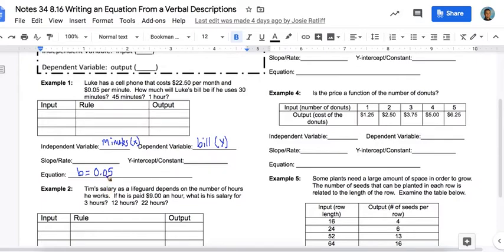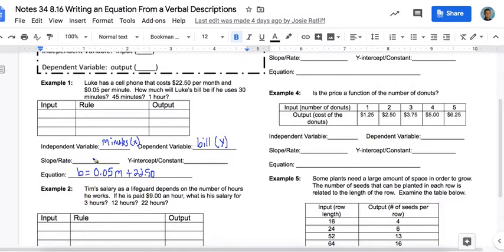We're going to take the 5 cents, which is going to represent the slope or the rate of change, and we're going to multiply it by m, which is representing the minutes. And then we have a fixed cost of $22.50. So that's going to be our y-intercept. That's going to be our constant.